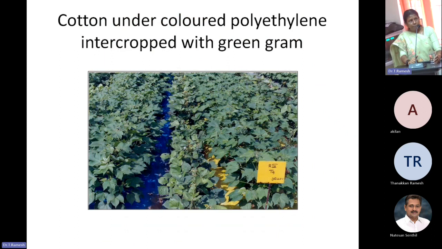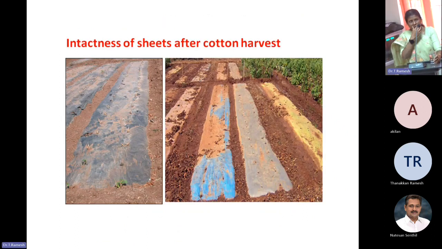So this I wanted to show you because when we introduced this polyethylene, we never had any idea. It is just like a cloth roll. How to put it, everything we did from scratch. So we put it on the raised bed all around above. We put some soil and we irrigated.